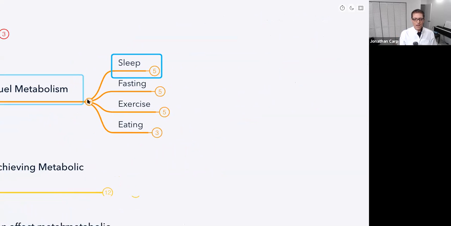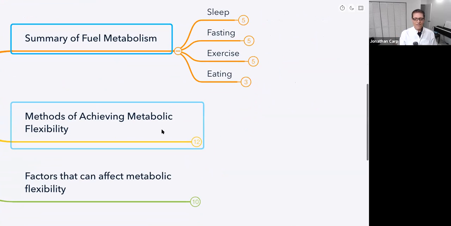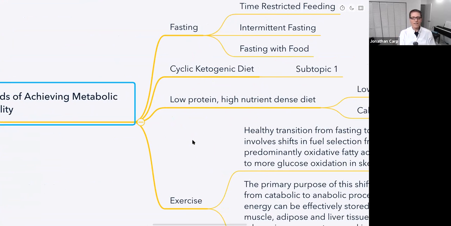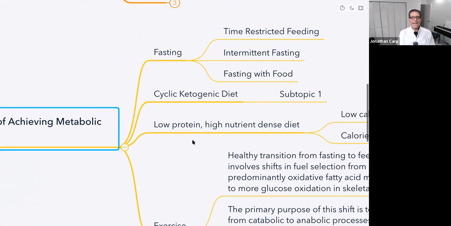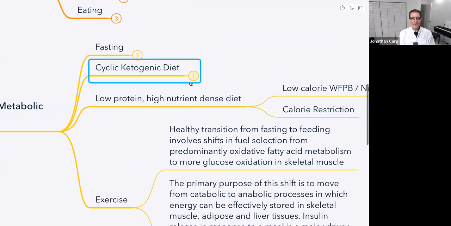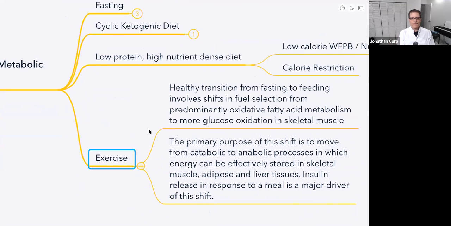Okay, all right, so let's jump into methods of achieving metabolic flexibility. One of them we just spoke about, which is respecting metabolic cycles. But let's get into a whole bunch of them. Going in and out of these states in the proper way is going to be helpful to maintaining metabolic flexibility.